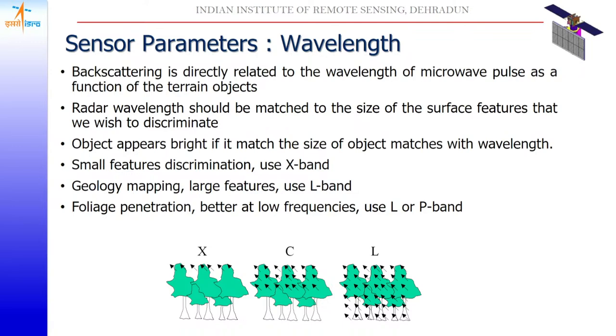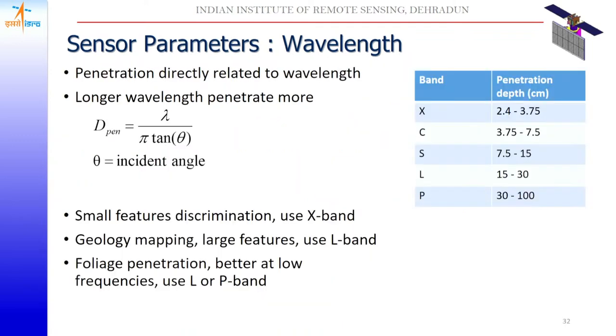Mostly for civilian applications we use the C band for our different studies, and our RISAT-1A or EOS satellite is also a C band satellite. So how does the wavelength affect the penetration? The penetration depth is lambda by pi tan theta, where lambda is the wavelength, and if the wavelength is higher, then we have higher penetration.